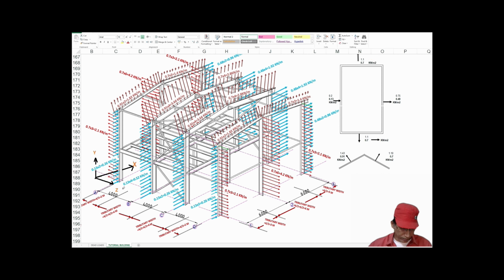So if you see, for this we have to take into consideration the contributory width for each of the structural members. For this column, the tributary width is half of this span, that is 4/2.